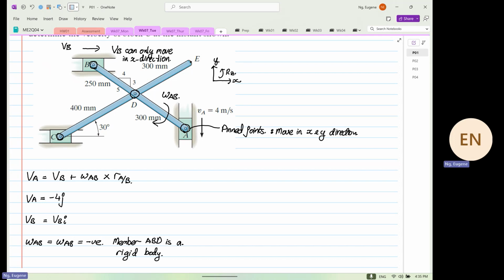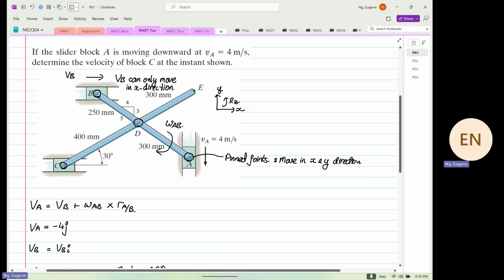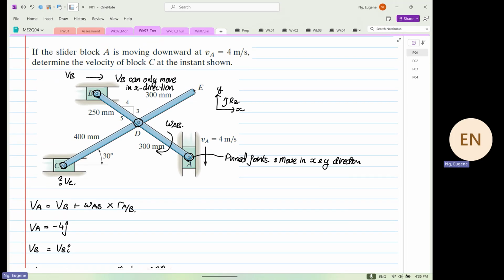The question asks us to find what is VC. Anyone want to guess the direction of VC? Towards the left? I don't know where it is either. Okay, I will tell you what we are sure of.